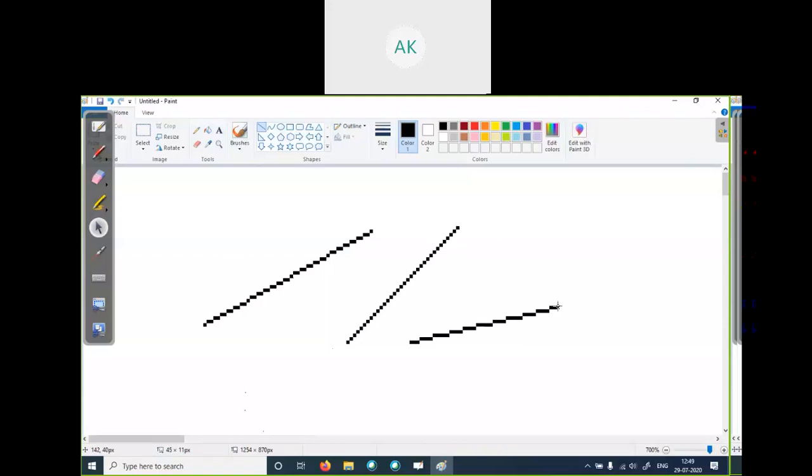You can see more space, meaning the x direction is more. When your m is greater than 1, the change is in y, as you can see the line length is greater in the y direction. Okay, so this kind of line you can produce in a computer.